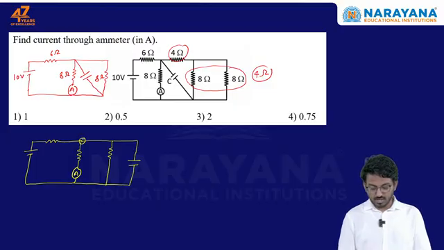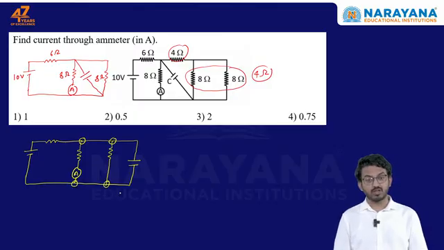Notice that these 2 points are the same potential and these 2 points also are the same potential because they are conducting wires. So capacitor anyway is connected to similar potential points. Circuit has effectively not changed here.